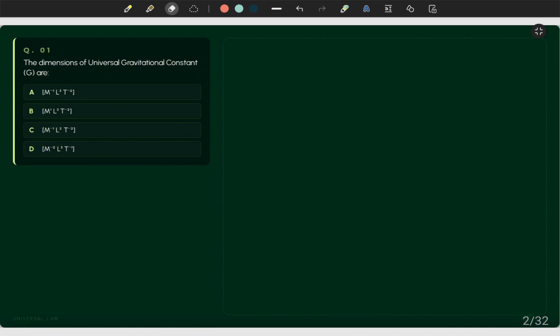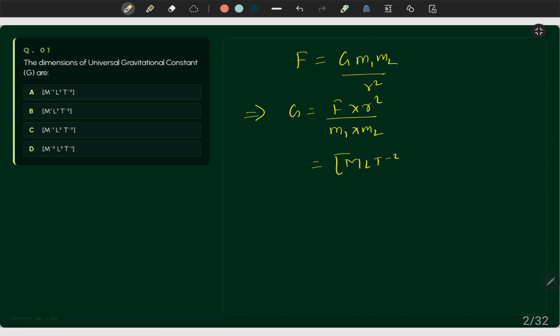The dimensions of universal gravitational constant are. So for that, we will use the formula for gravitational force, F = G m1 m2 by r square, which gives G is equal to F into r square by m1 into m2, keeping the dimensions of all the terms: M L T^-2 for the force, L^2 for square of the radius, so distance, and M into M for the mass.